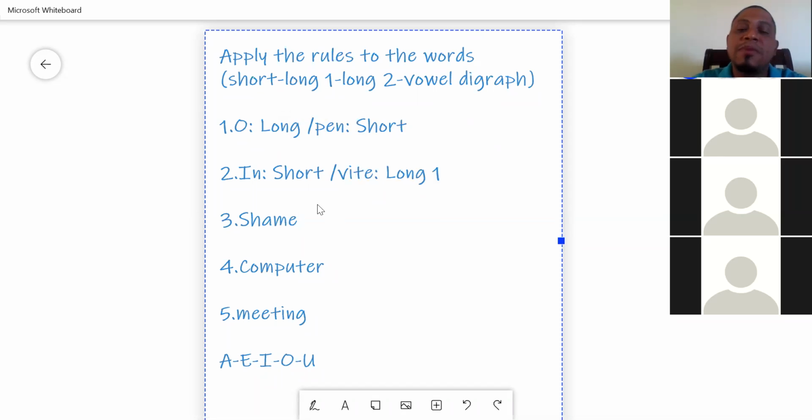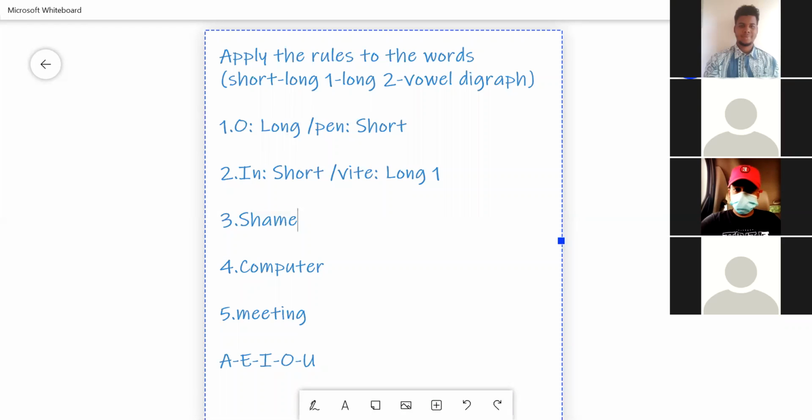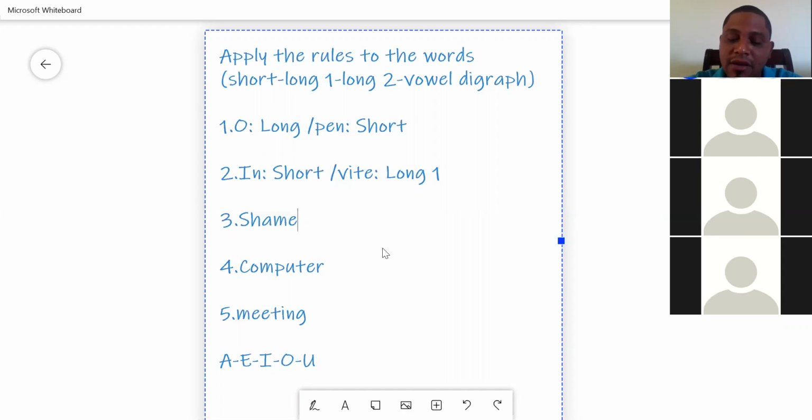Now let's go to the number 3. How many syllables do you have on the number 3? Let's see if someone knows. How many? 1 or 2? 1 syllable, right? Okay. And which rule do we apply?